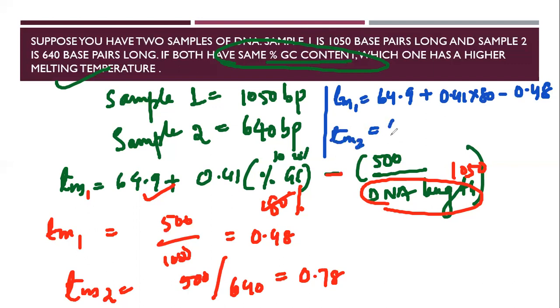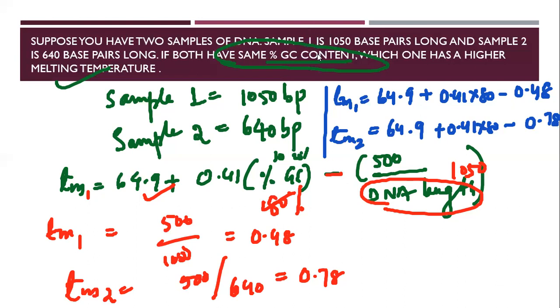Tm2 is 64.9 plus 0.41 into 80 minus 0.78. Which one will have the higher temperature? Actually, by looking at this equation itself, you can tell which one will be higher.